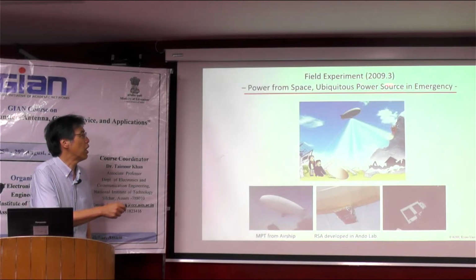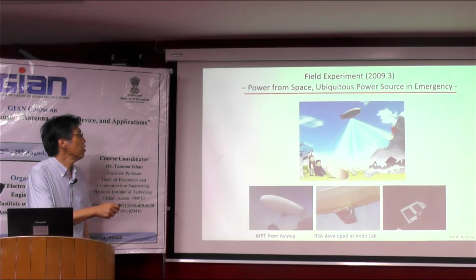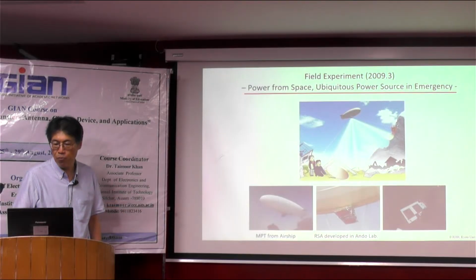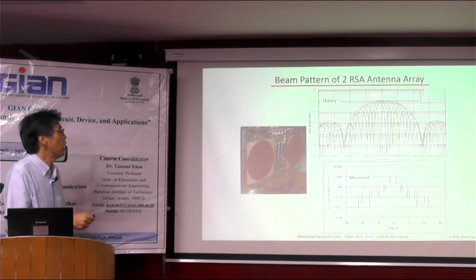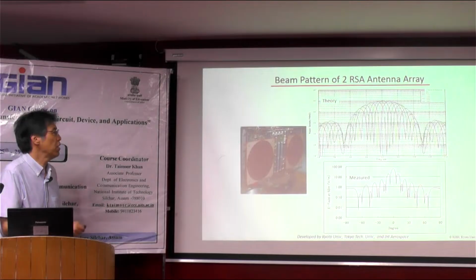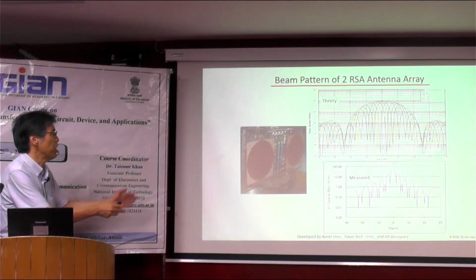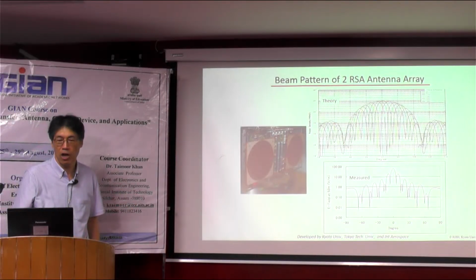It was an experiment about 15 years ago. And this is measurement data of the beam pattern. This is a theoretical beam pattern, and this is the measured beam pattern. In this case, we adopted two big antenna arrays. And here you can see we can control the beam direction only with the magnetron technology.